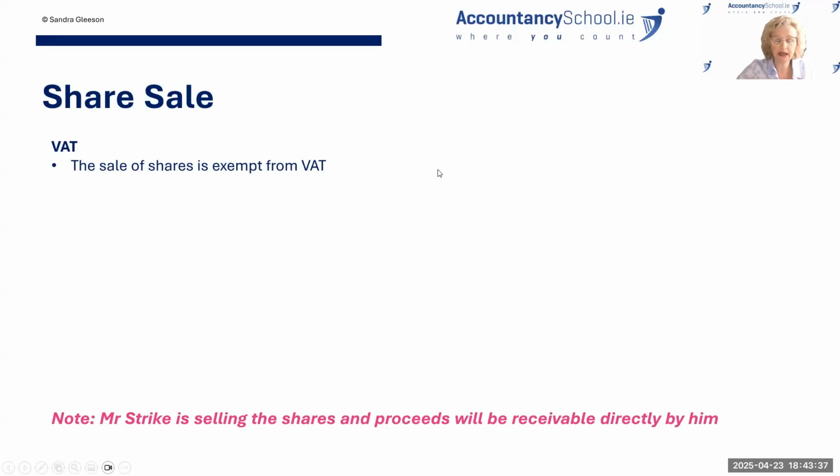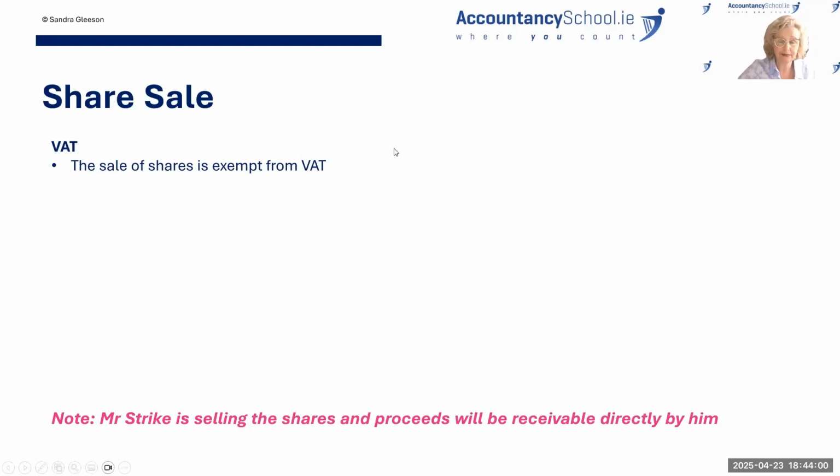The only time that we would think about stamp duty from the seller's perspective is if the buyer was comparing the costs of stamp duty between a share sale and an asset sale and was seeking to reduce the purchase price for the difference in stamp duty, which is not the case in this example.